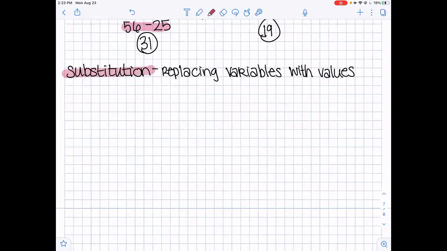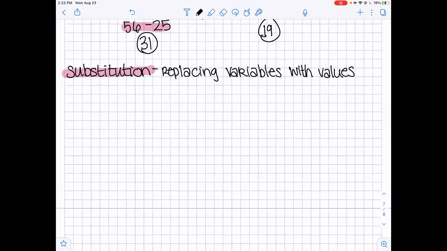And you got to highlight substitution in pink because it's a new vocabulary word. This is not a lot different than what we were just doing, except before you start, you got to change the letter to a number.